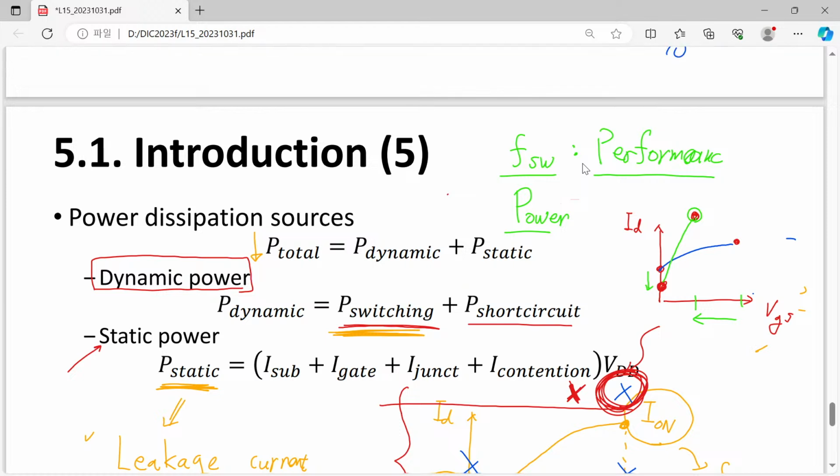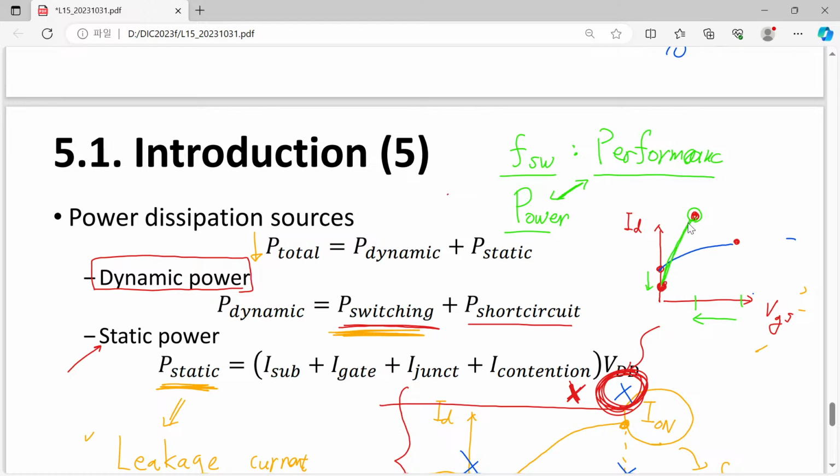If you want to increase the performance, in many cases you have to sacrifice the power efficiency. Or, the other way around, if you want to make a low power device or low power circuit, you have to compromise the performance of your circuit. That is the important message. There is nothing free in our world, so they are in a trade-off relation. So this is the dream technology.